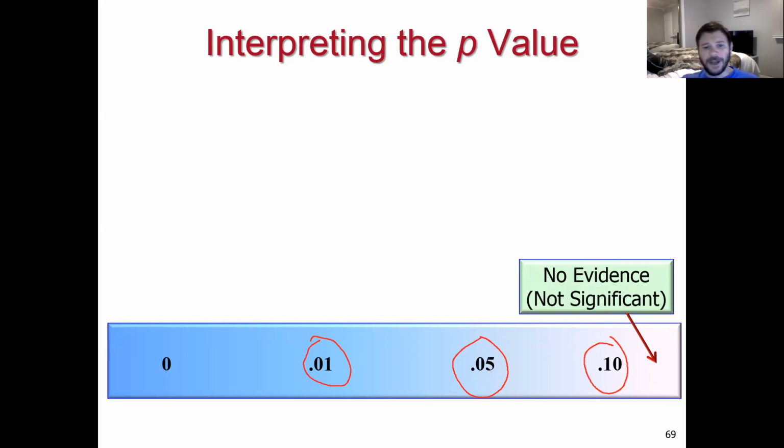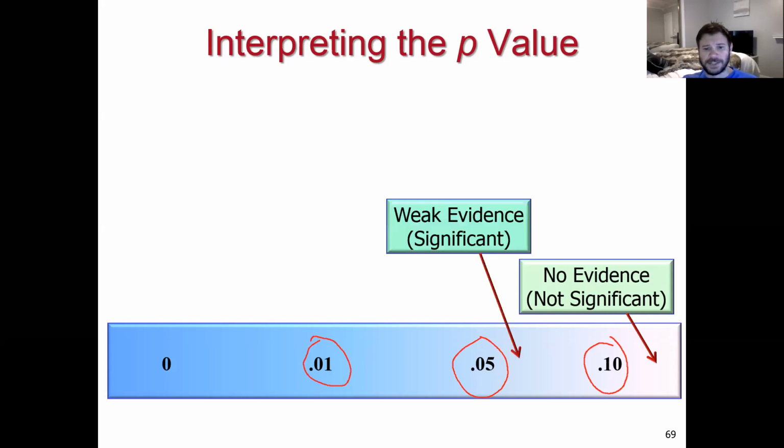But if the p-value falls in between 5% and 10%, what does that mean? Well, that means I would be able to reject the null hypothesis at 10%, but I would not be able to reject it at a significance level of 5%. So this is some weaker evidence, but it is significant at the 10% level.